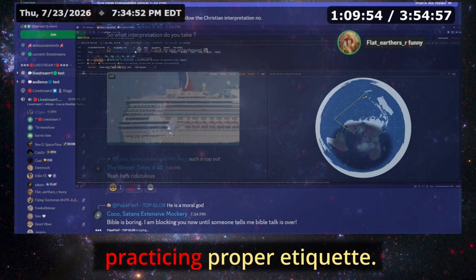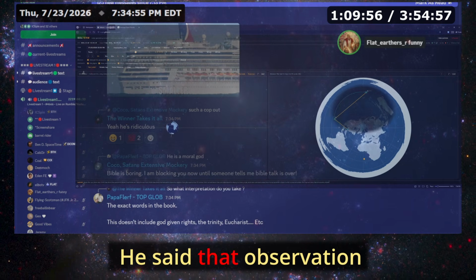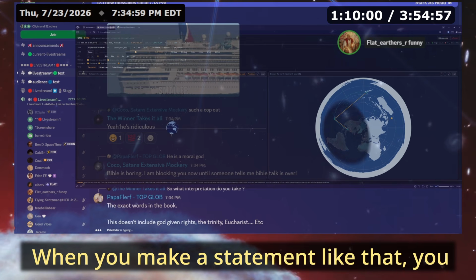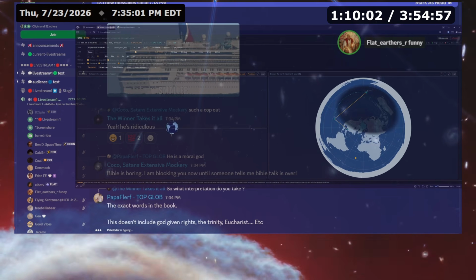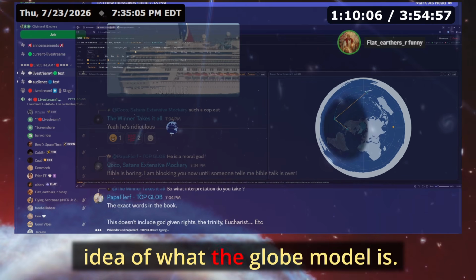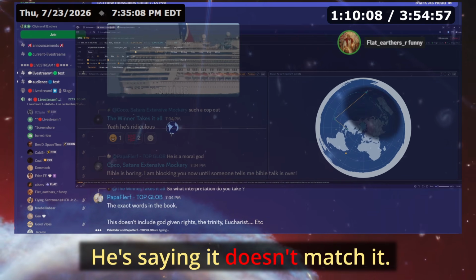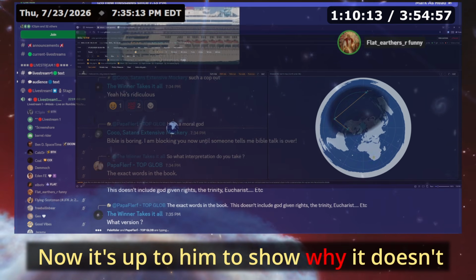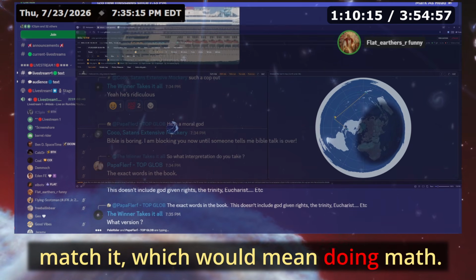I thought we were practicing proper etiquette. When you make a statement like that, you are referring to a specific thing. When you say that does not match the globe model, you have an idea of what the globe model is. He's saying it doesn't match it. Now it's up to him to show why it doesn't match it, which would mean doing math.